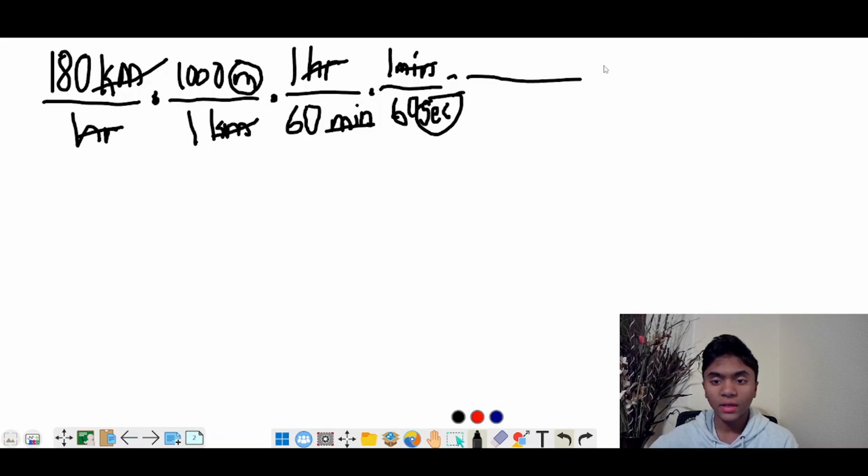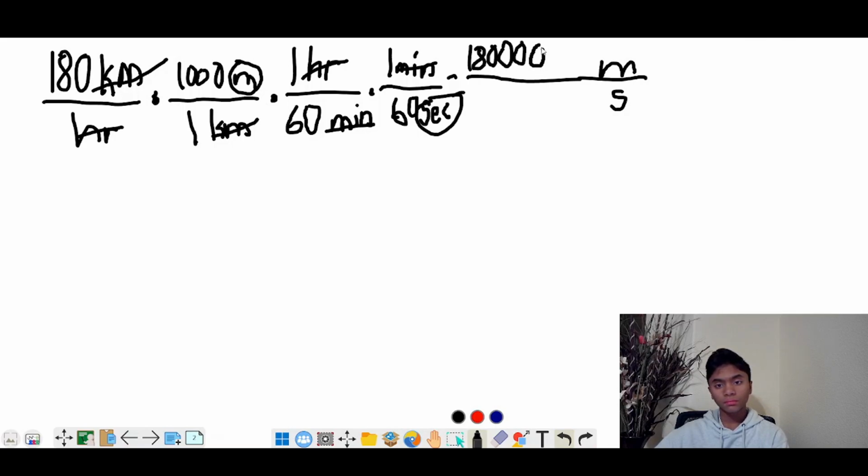So let's write down m, extend the fraction bar, and say s. So we have 180 times 1,000. That's going to be 180,000. And then we have 60 times 60, which is going to be 3,600.